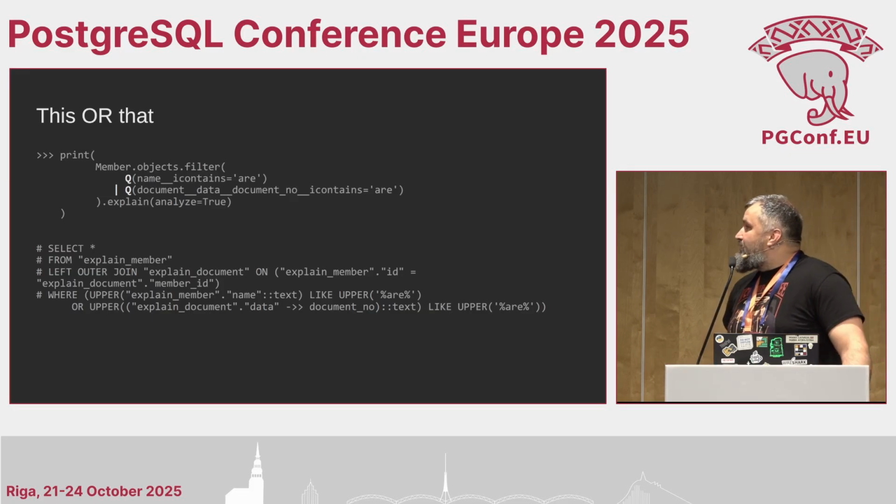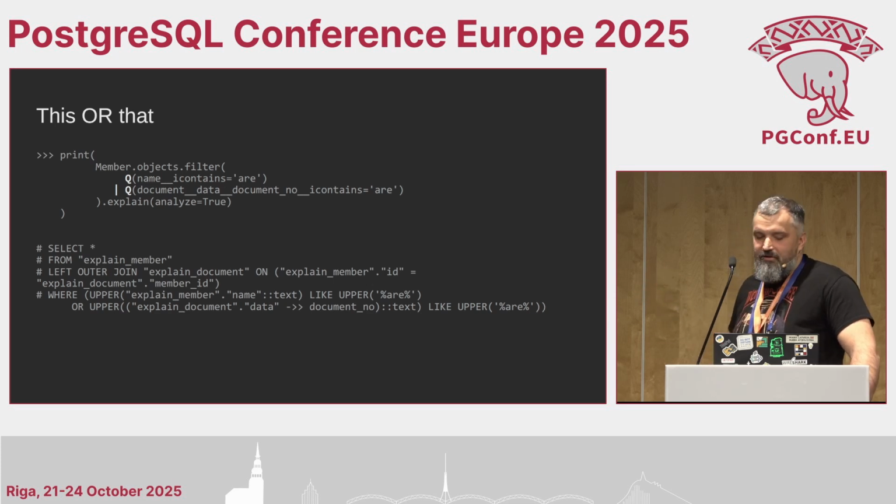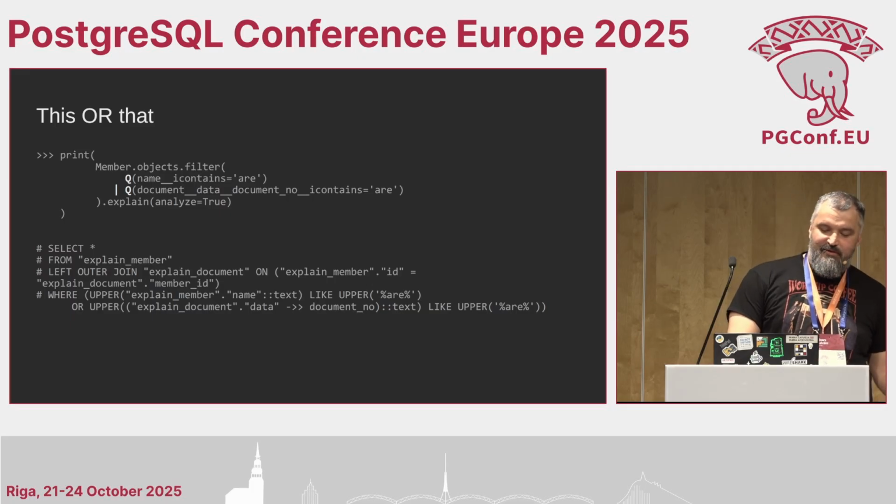What I'm doing here is looking for all members which have these 3 letters in their name, or they have a document and the document number contains these 3 letters. In a plain SQL query, it creates a join, and then it does this one condition or the other condition. And this is where Postgres surprised me. I used to work in Oracle.